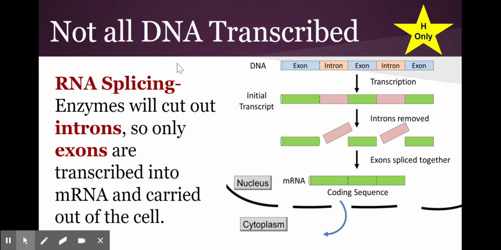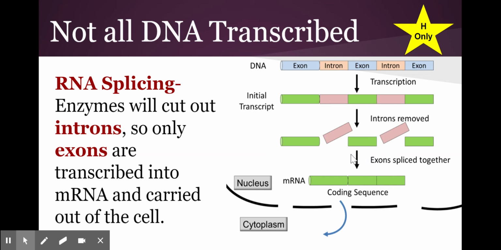Here's a visual of what I'm talking about. Here's your DNA. Inside the DNA itself, you have intron and exon regions. You get your initial transcript. RNA polymerase comes down and makes one long strip of mRNA, and then you would have your splicing. Enzymes come in and chop out certain regions of mRNA and garbage can them. Your introns are garbage canned. Nobody's going to look at those.